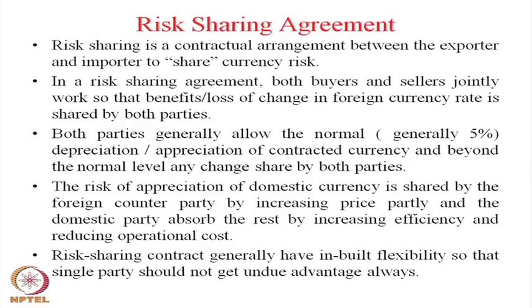Both parties generally allow the natural or normal depreciation or appreciation of currency, and if the currency appreciates or depreciates beyond the normal process, they try to share the risks of foreign currency.